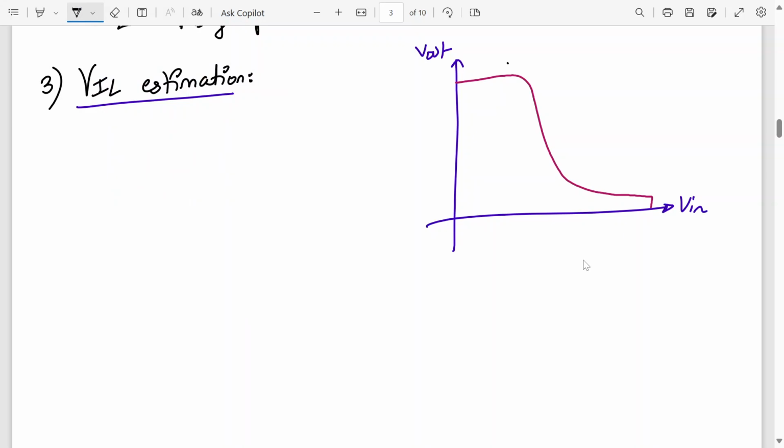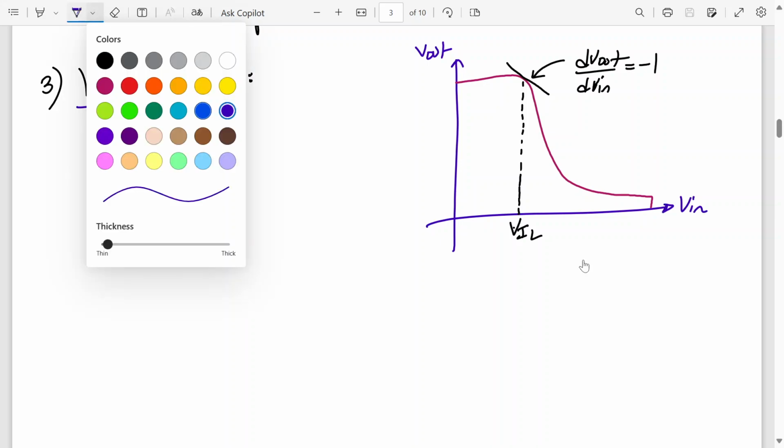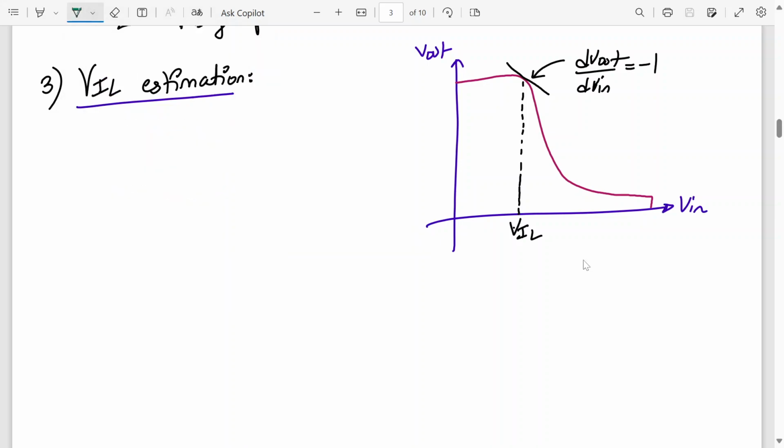So VIL is the point where dV out by dV in, that is the slope, is equal to -1. We have seen that before. In fact, in the last lecture we have proved this point. So we have to find this value of dV out by dV in. And correspondingly, what is the value of output over here?